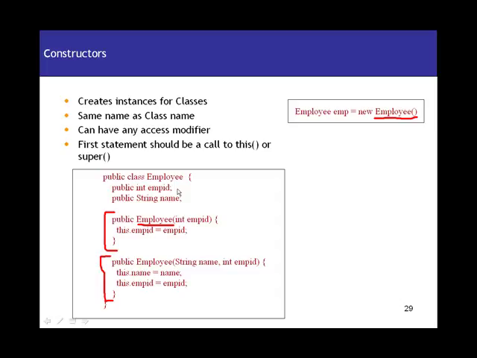Now let's assume for a moment that these two constructors are not there. I don't have any constructors in the class. If I say Employee emp = new Employee(), will my code work or is it going to fail? I know that if I'm calling some method in my class which doesn't exist, it's definitely going to throw an error, because the method doesn't exist in the class at all.